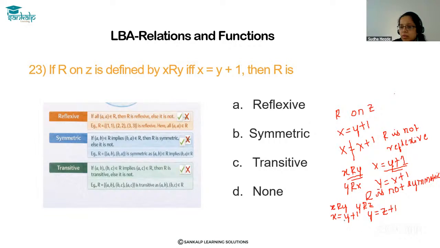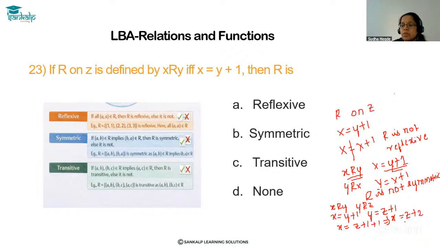Then replace here y by this value. So x is equal to z plus 1 plus 1. So x is equal to z plus 2.